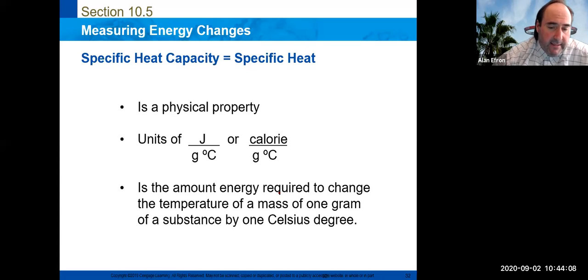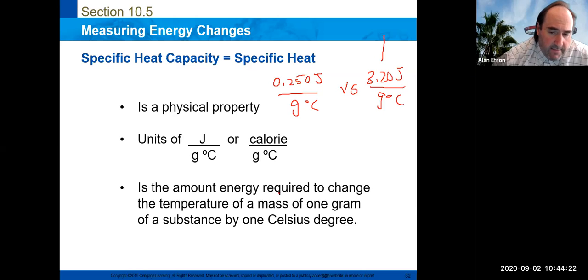So if you had somebody that had 0.25 joules per gram per degree Celsius, versus somebody that has a specific heat capacity of, say, 3.2 joules per gram per degree Celsius, it would take a lot more energy put in there to change the one on the right by 1 degree Celsius than it would the substance on the left in this made up example.